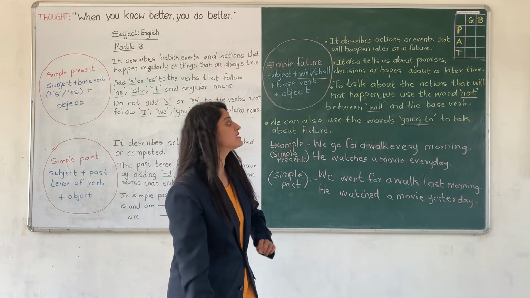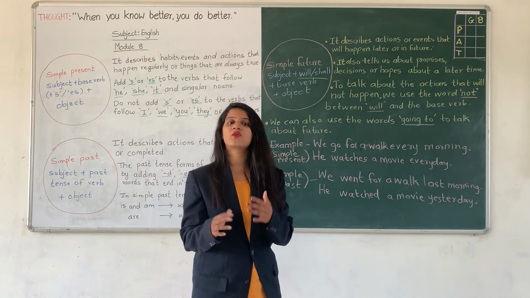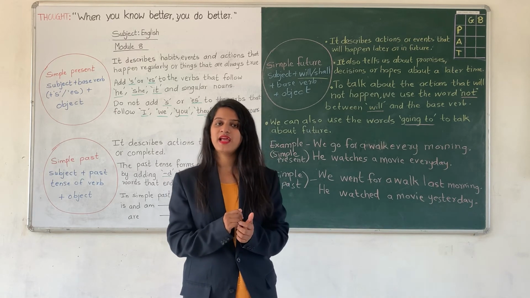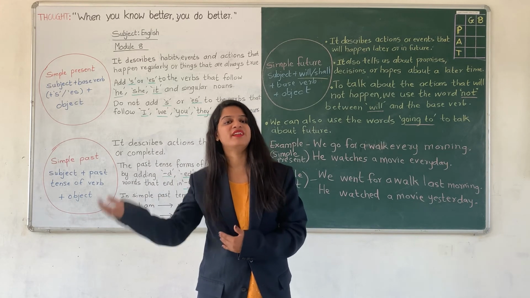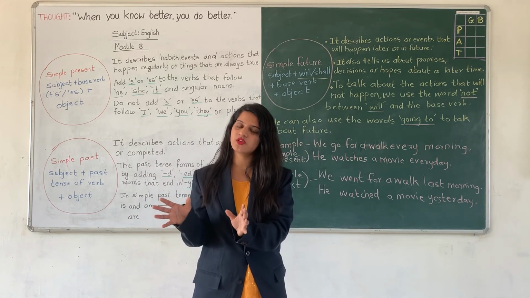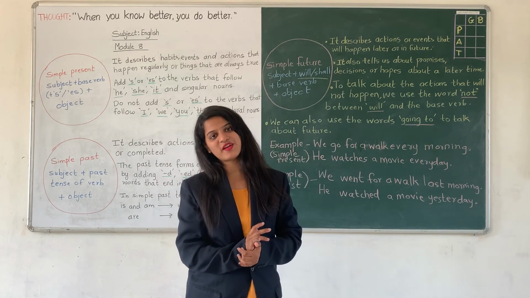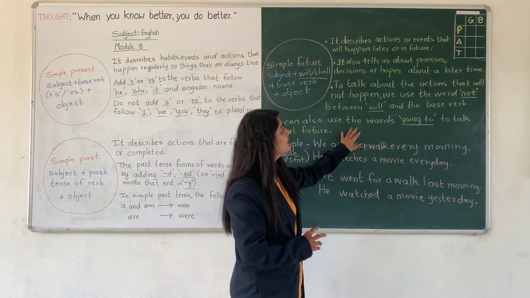Sometimes whenever we want to talk about the things that are going to happen in future, we also use going to. For example, we are going to the beach next Monday. Now here will or shall is not used. When we use going to, we don't use will or shall. Understood, my dear children? So, let us write some examples.